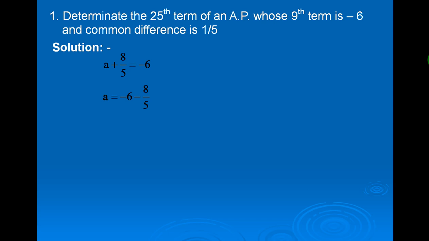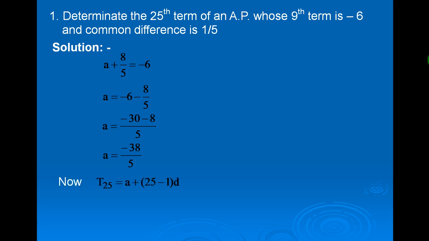Now on the right hand side, taking LCM as 5, we get A is equal to -30 minus 8 upon 5. Now 30 and 8 both have minus signs, so they will be added. Therefore, A is equal to -38 upon 5.